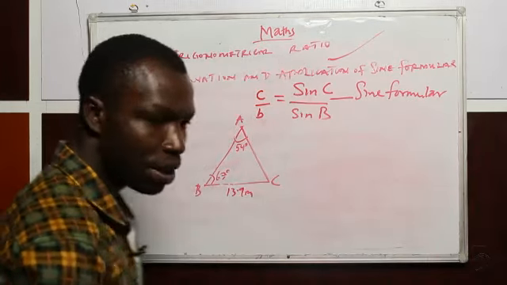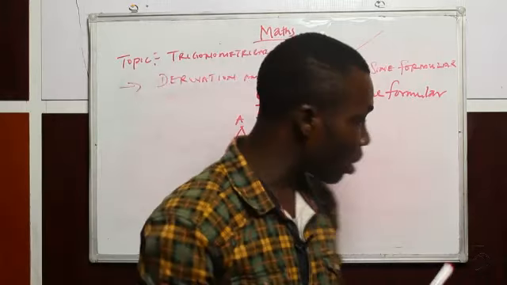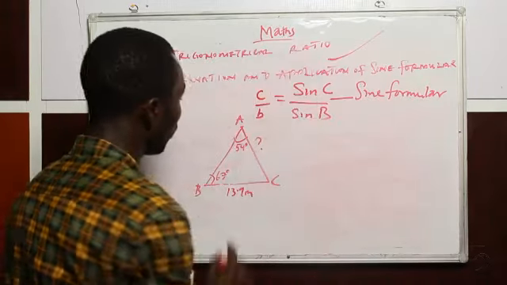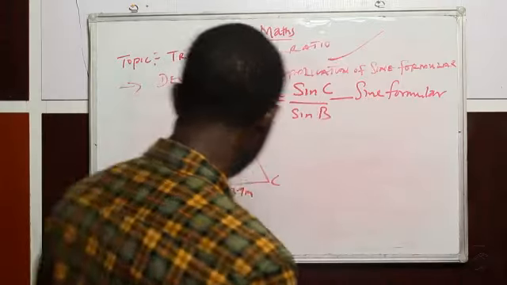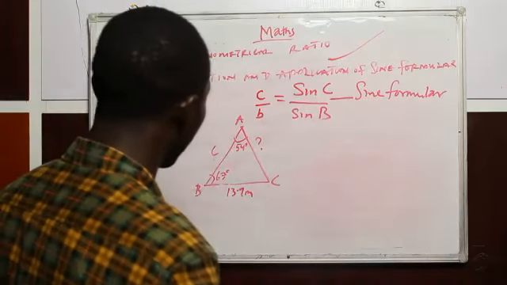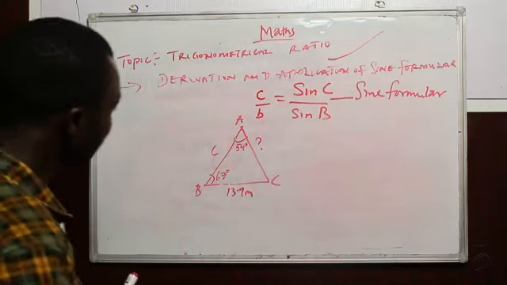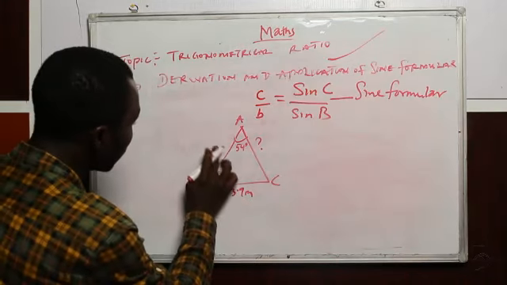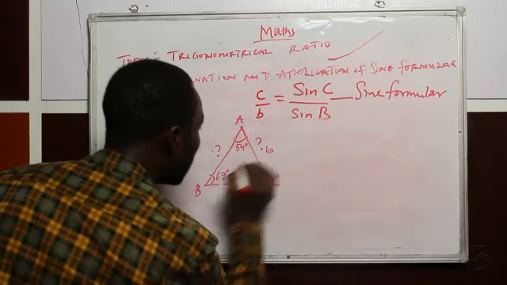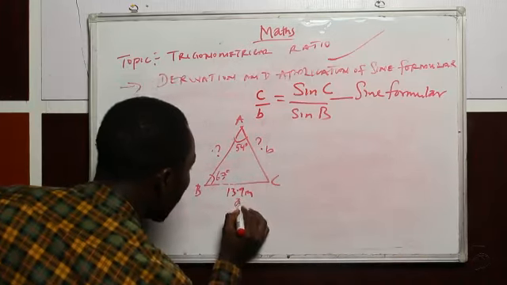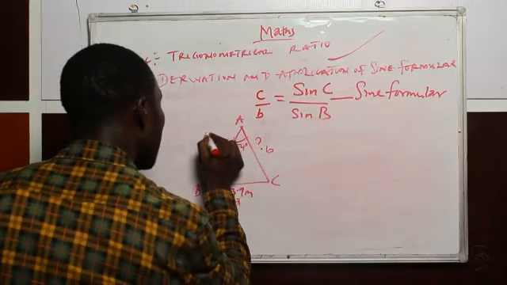Our small letter b is a question mark, we don't know. Our small letter c is also a question mark. How do we find our small letter c? Because b is this side, a is this side, c is this side.